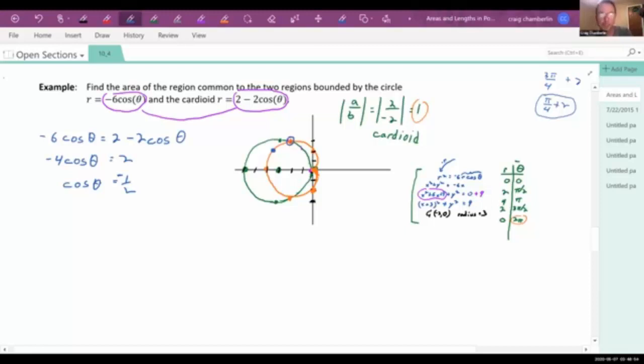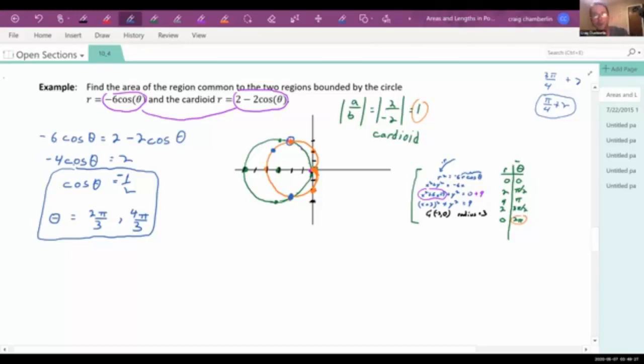And then if I solve that trig equation, I'll actually get two values: 2π/3, which would be the value in the second quadrant, and also 4π/3, which would be the theta value of that bottom intersection point. If you have questions on how to do the trig on that, I'm happy to answer it, but I'll have to do it after class, because if I do it now, we're going to run out of time.